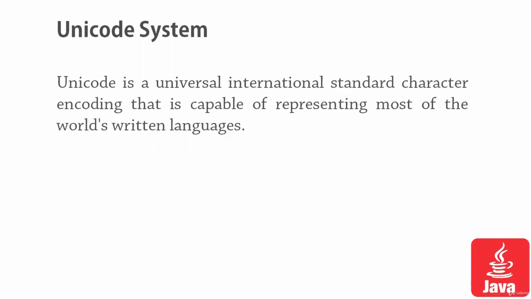Then there comes the Unicode system, which is a universal standard for character encoding that we use in most written languages. Earlier in programming languages like C or more primitive languages, they were using ASCII code, American Standard Code for Information Interchange, supporting only alphanumeric characters of the English language systems or Roman script.